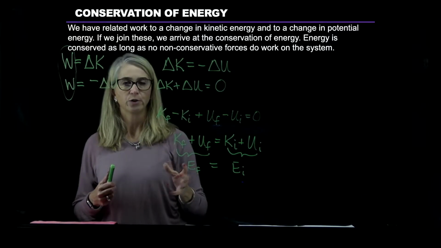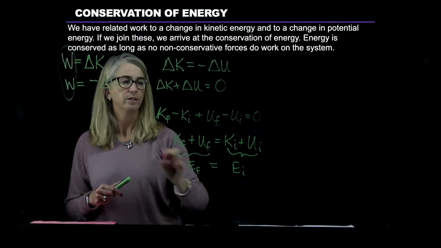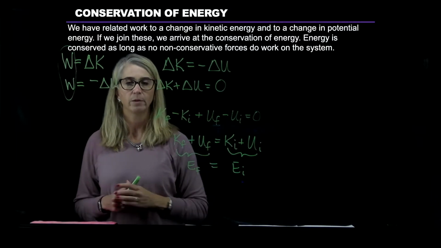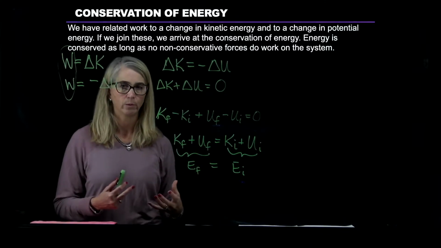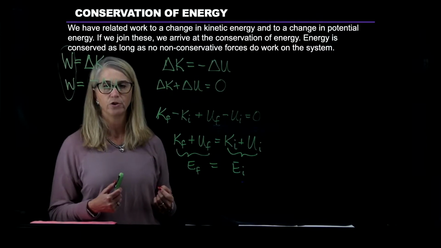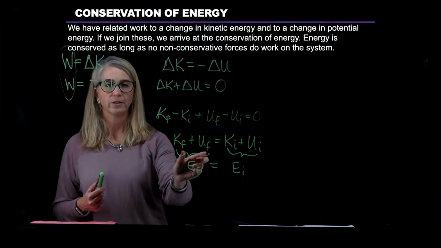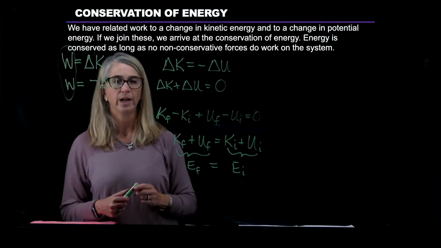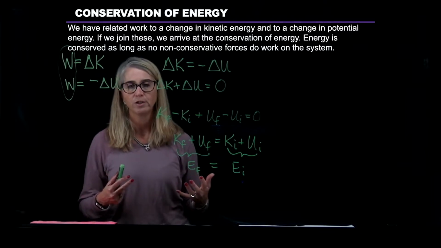If we put the final terms together and set them equal to the initial terms, which seems to make sense because these are both negative up here, we end up saying that the sum of kinetic energy and potential energy in the final case is equal to what we have in the initial case.